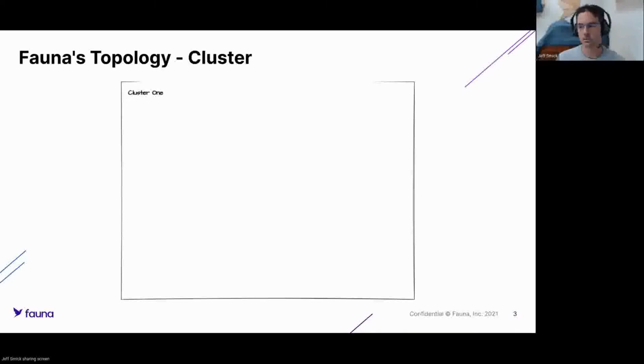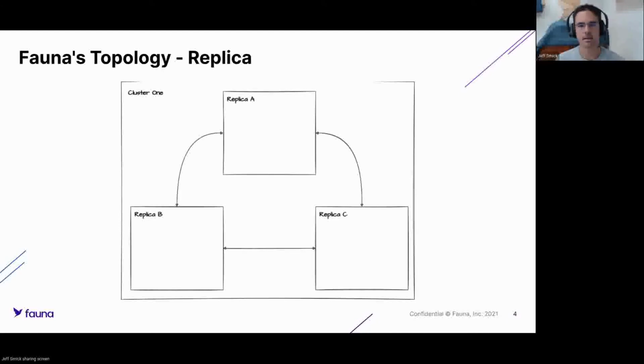We could have multiple clusters, but to ensure the safety of the data in that cluster, we replicate the data across multiple regions. Each replica holds a full copy of the entire data set, replicated geographically.